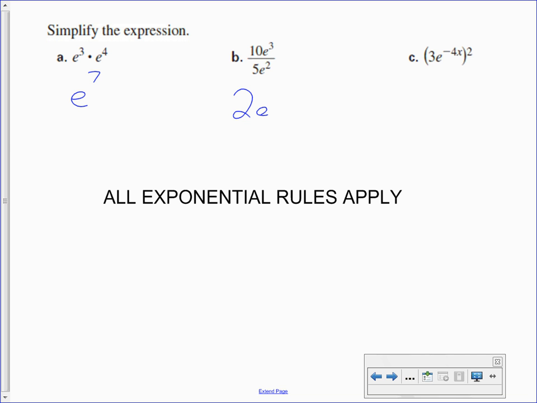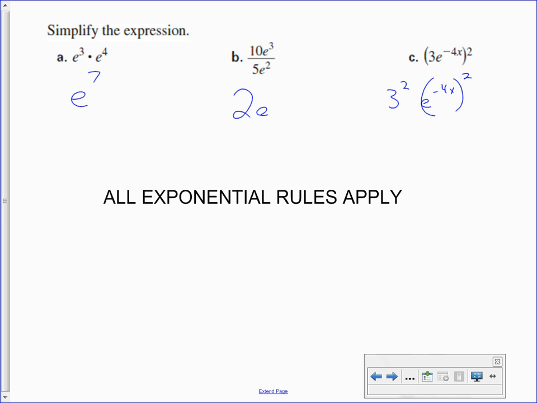All right. And then lastly, you have 3e to the negative 4x all squared. So once again, worry about distributing in your power first. So you have 3 squared e to the negative 4x squared. So when you have power to power, what do you do? Multiply.